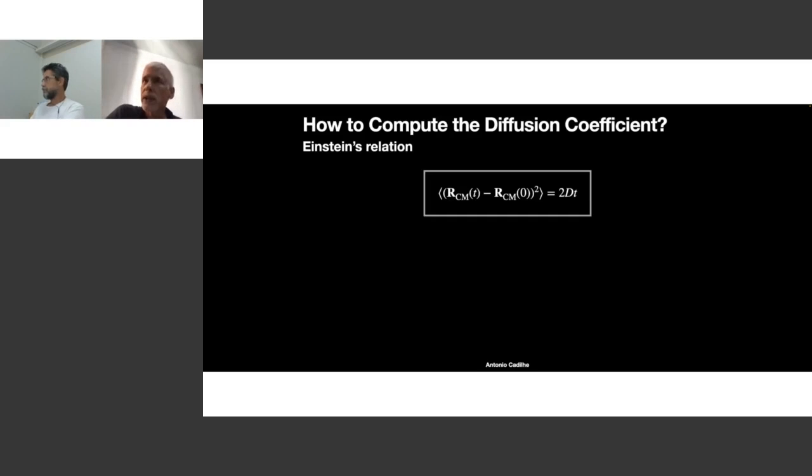So if the absorption is good and there are no obstacles, we should find what is usually expected, that this fluctuation should be linear in time. And the constant is the diffusion coefficient D. So this is what we are going to use all the time.